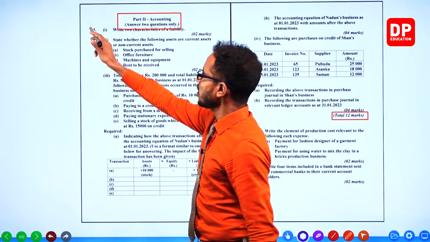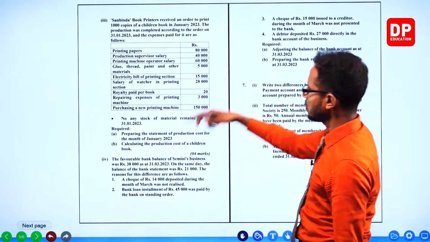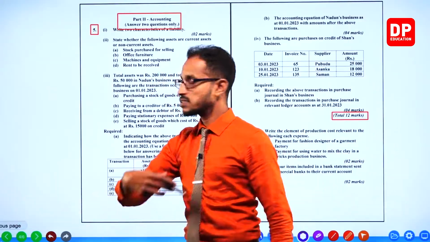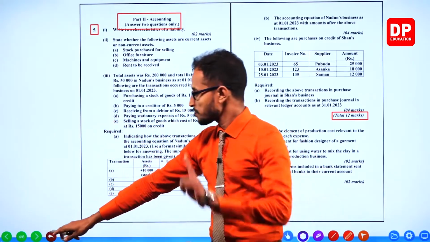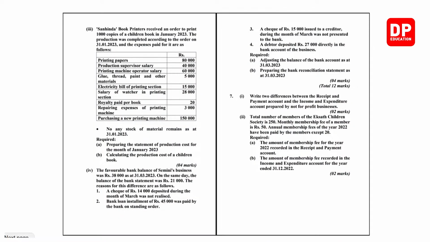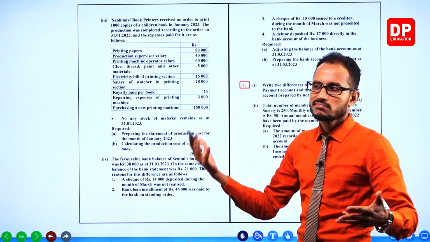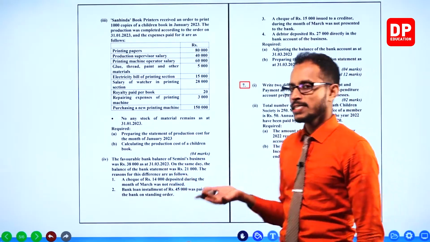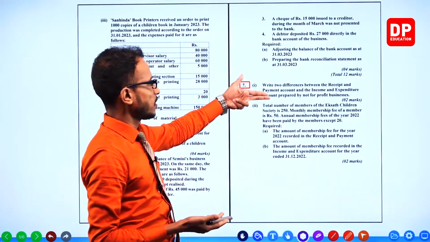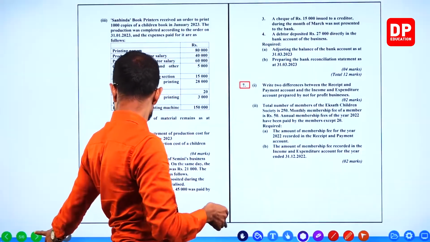You have question number 5 here, then 6. All are from the accounting part. Then last question, 7. The 7th question is for most people the tough one. It's not tough. It's from financial statements. Okay, non-profit organizations and sole traders financial statements.